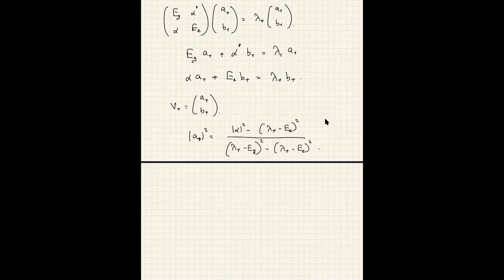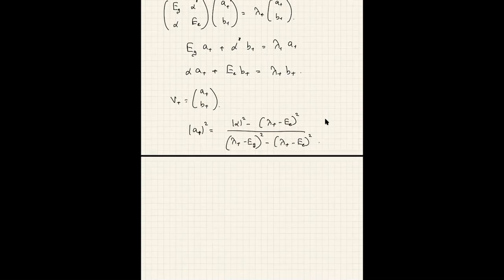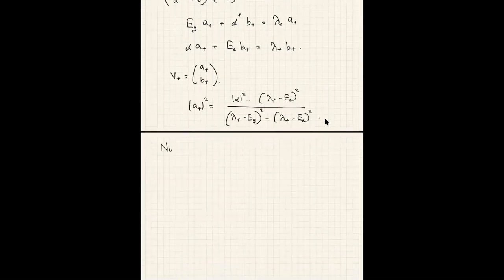Okay, now you can go ahead and normalize the vector. How do I normalize the vector? Suppose you have some vector v equals (a, b). Normalization simply means the dot product of v with itself is equal to 1. So that means v transpose v, which is equal to (a, b) times (a, b), is equal to 1.